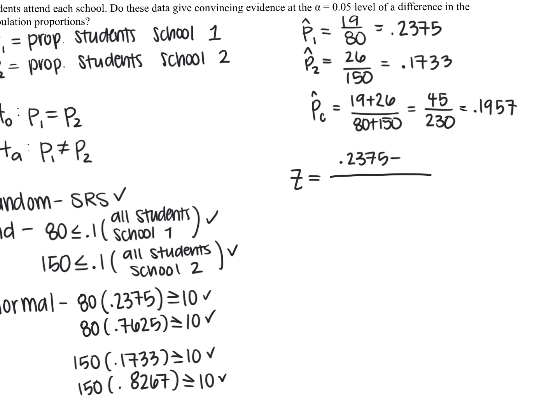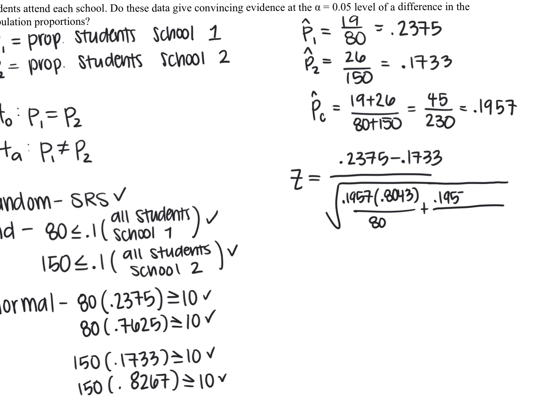So for my test statistic, we're going to do p1 hat, 0.2375 minus p2 hat, which is 0.1733, over the square root of our pooled proportion, 0.1957, times 1 minus that, which is 0.8043, over n1, which is 80, plus our pooled proportion again, 0.1957 times 0.8043 over our second sample size, 150.